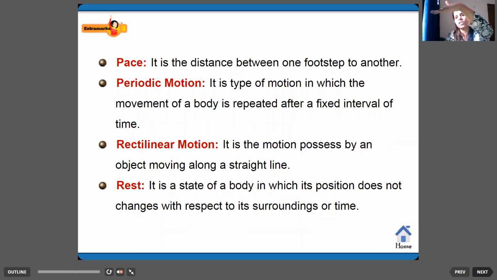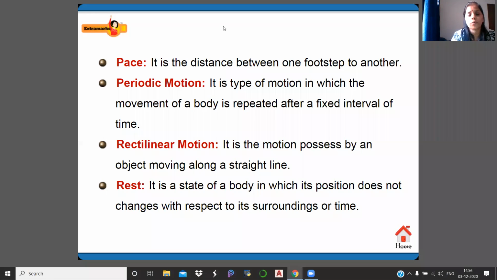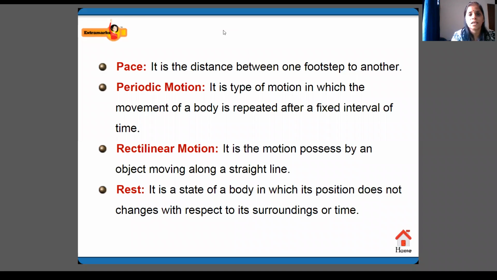In a straight line the object is moving, then we call it rectilinear motion. Rest is when an object does not change its place with respect to surroundings or time. Thank you and keep learning, and I hope you all are enjoying the science class.